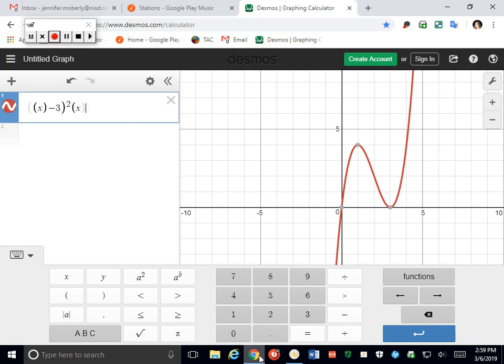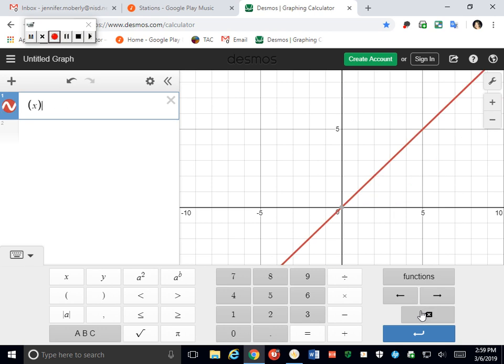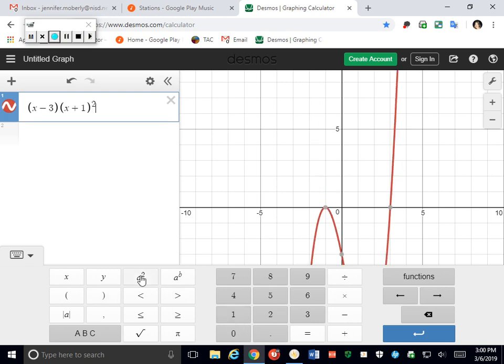Let me go back to that. So x -3, close parentheses, and then x plus 1 squared.